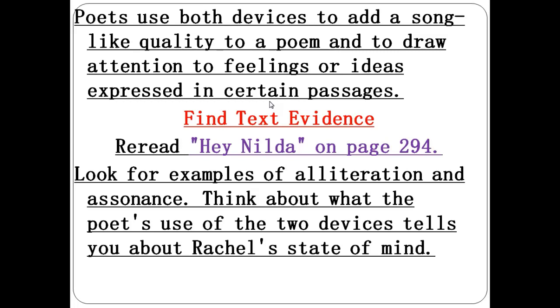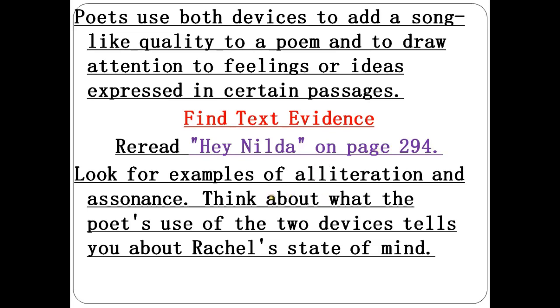Now find text evidence. Now we would give an example from the passage on page 294. Look for examples of alliteration and assonance. So your idea would be clearer and you would come to know.